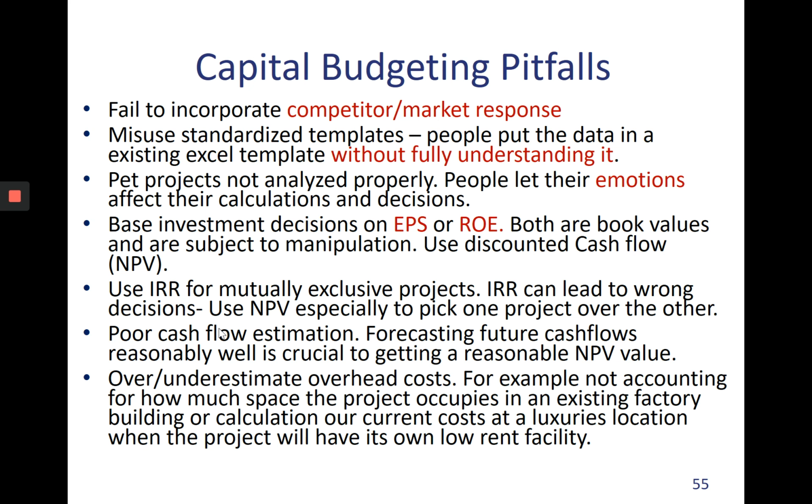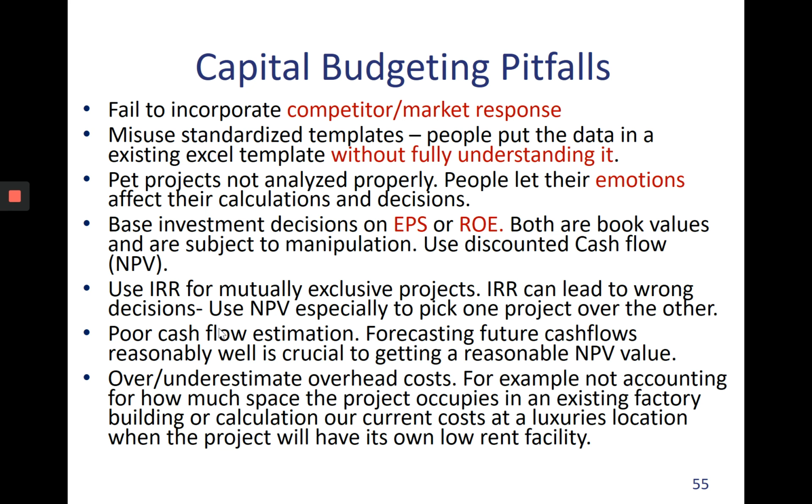Overhead costs are often overestimated or underestimated. For example, one may not accurately calculate how much room we need in the factory or how much space we need for this project.